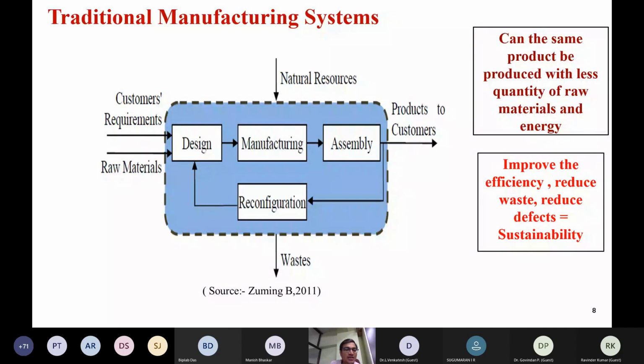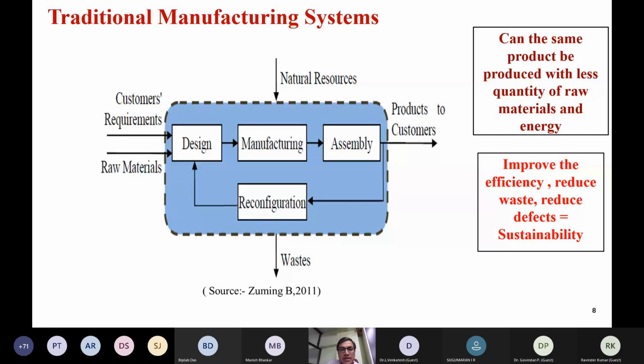In that way, understanding the basic concepts of green and sustainable manufacturing helps us to make the same output with less raw material, less energy and less wastage. It covers how we can reduce the consumption of energy and raw material and reduce wastage. The answer is green and sustainable manufacturing processes. Got my point? I think I'm clear so far.